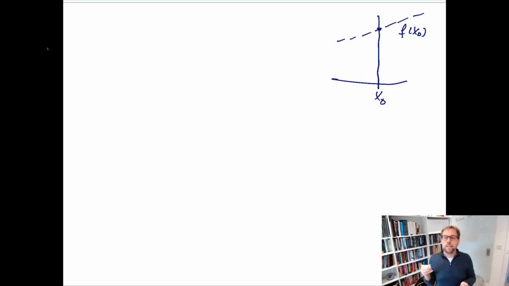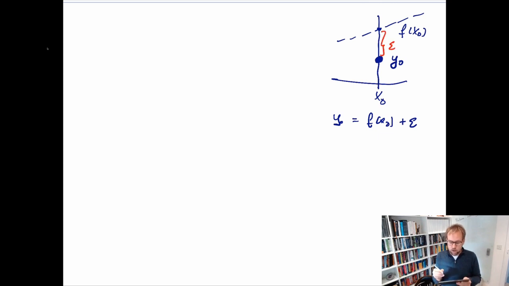Now, if we sample a data point, we also get a data point y, let's call it y0, which is the data point which we observe. Now we know that y0 is just equal to f of x0 plus epsilon. So this difference here is just epsilon.